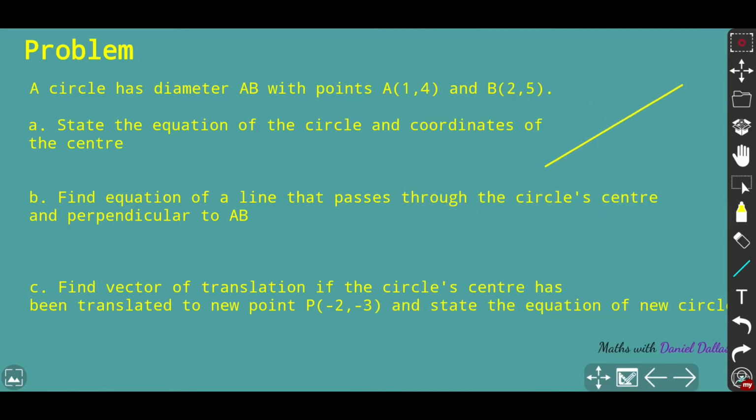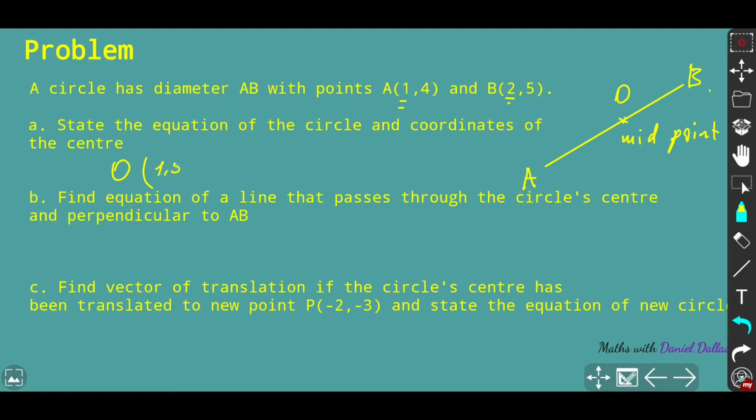There are two points, A and B, and in order to find the equation of the circle, we need to set up the center, let it be O, and that's going to be the midpoint. So we need to find the coordinates of midpoint O. We add the corresponding coordinates and divide by 2, taking the arithmetic mean of the corresponding coordinates of A and B. So 1 and 2 give 3, and 3 over 2 is 1.5.